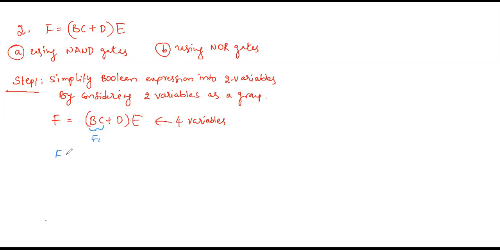So you will get F1 plus D into E. This is three variables: E, D, F1. Three variables are literals, whatever they may be. F is equal to, again I am considering this as F2, F2 into E, two variables. Completed. Now step 2.